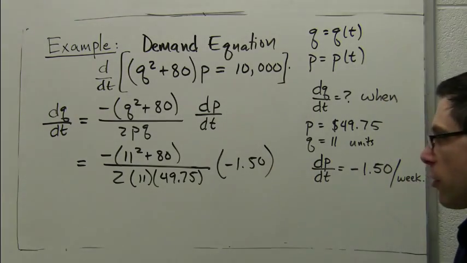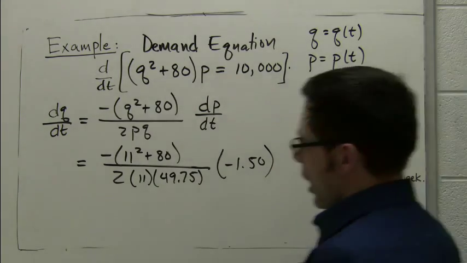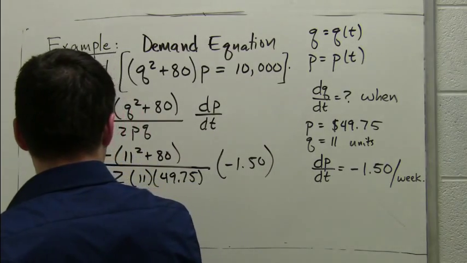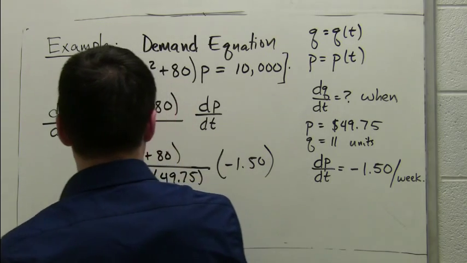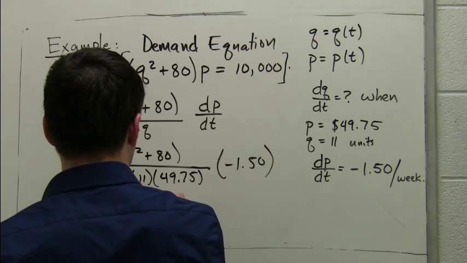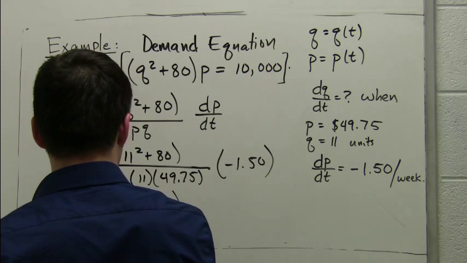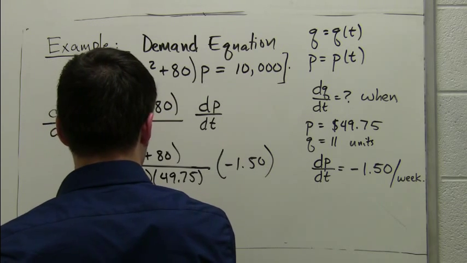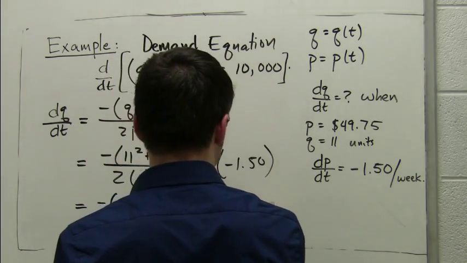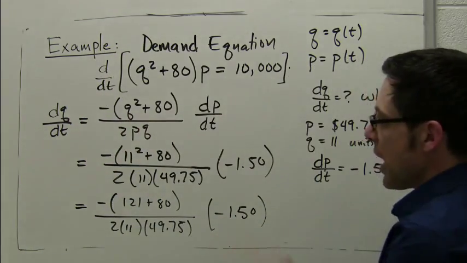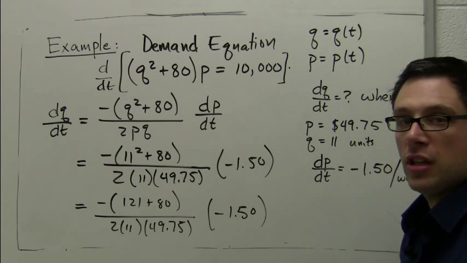When I expand this a little further, 11 squared is 121. So this is a minus 121 plus 80 over 2 times 11 times 49.75 times a minus 1.50. I multiply this out to find out what dq dt is.